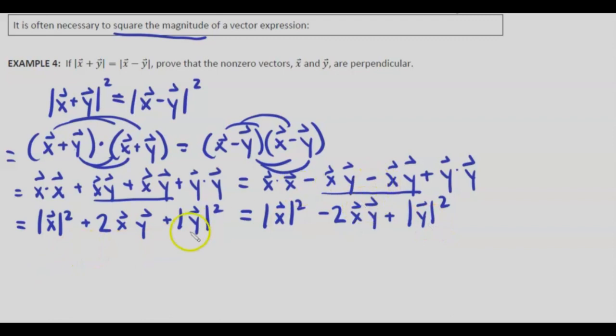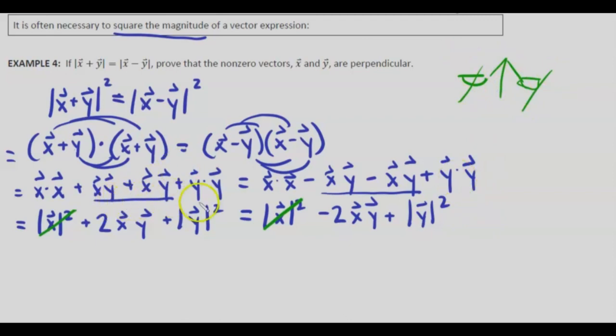Okay, so whatever is balanced, what we can do is we can cancel them out. So we have magnitude of vector x squared on each side. Those can cancel. Okay, so two ways to think of that. If you have like a scale and they're balanced, you can cancel them on both sides because it's going to equal the same thing.